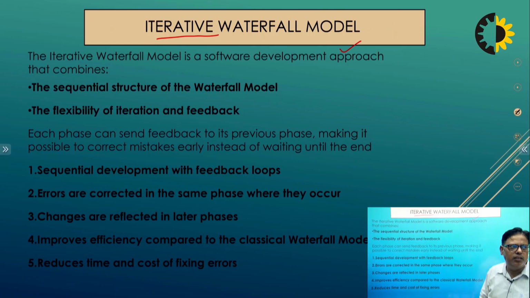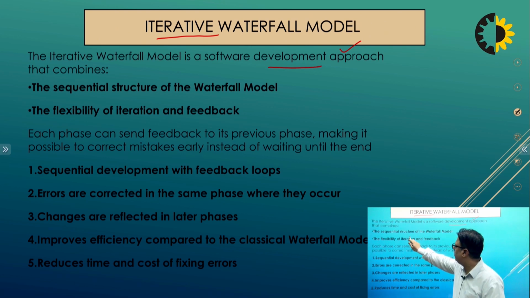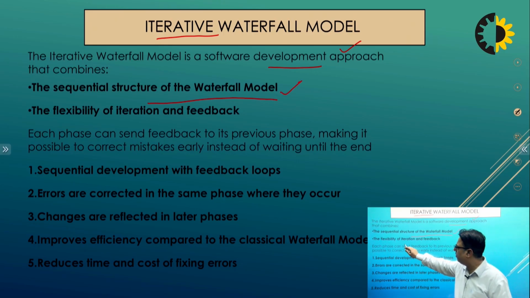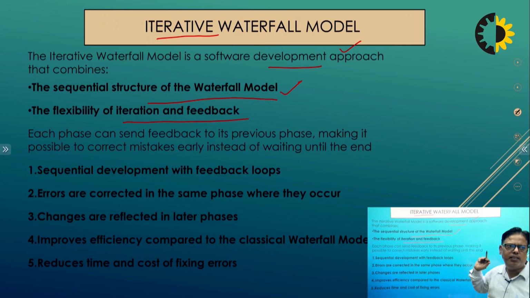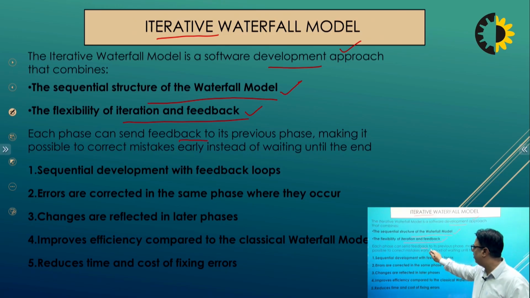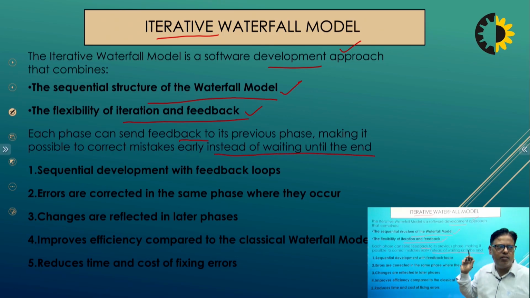So the iterative waterfall model is a software development approach that combines the sequential structure of the waterfall model with the flexibility of iteration and a feedback facility. Each phase can send feedback to its previous phase, making it possible to correct mistakes, errors and bugs early instead of waiting until the end.